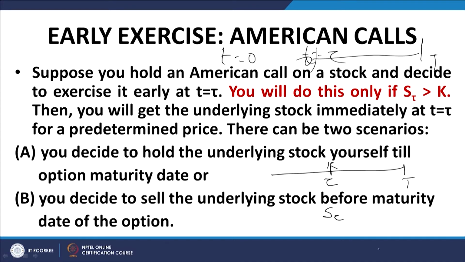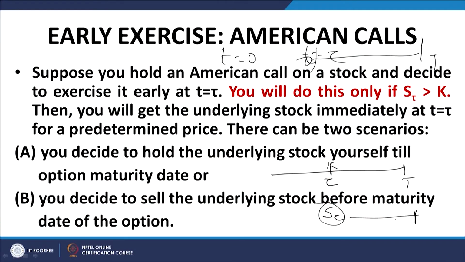Now, there are two situations. One situation is that the asset that you have acquired by exercising the option, you decide to hold it yourself for the remaining period up to capital T, or you sell the stock in this intervening period, that is between tau and T. You exercise the option, you have the stock and you sell it off in the market.